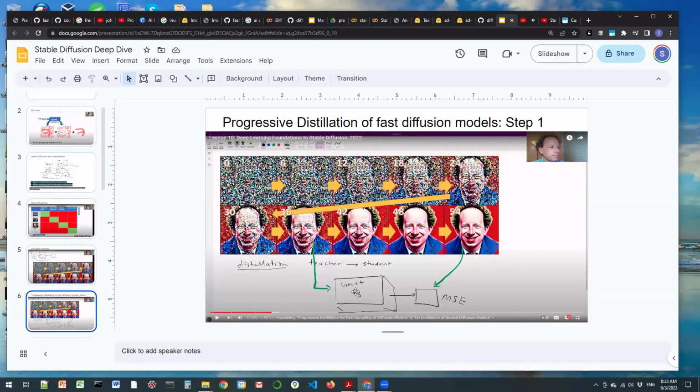So this process of training a student model using a much more complex teacher model is what is referred to as distillation. So what progressive distillation talks about is the process of utilizing a distillation process to train the unet to be able to jump steps throughout this inference process.